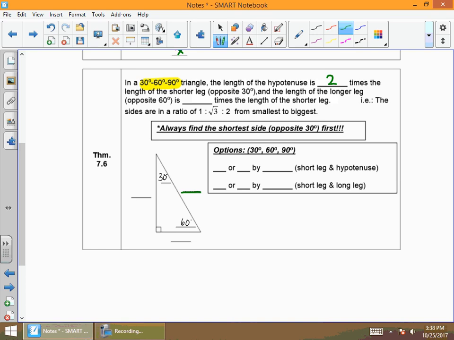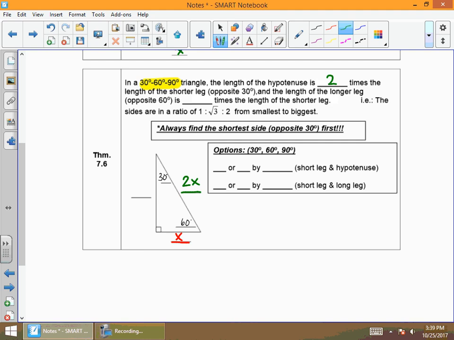It's across from the biggest angle. The shortest side will be across from the smallest angle, so 30 degrees across from 30 degrees. This is the short side, and I'm just going to call it x. The hypotenuse will be 2 times that long, so it'll be 2 times the short leg.